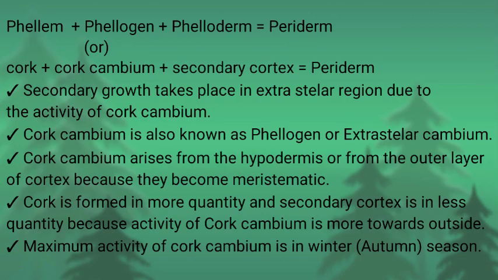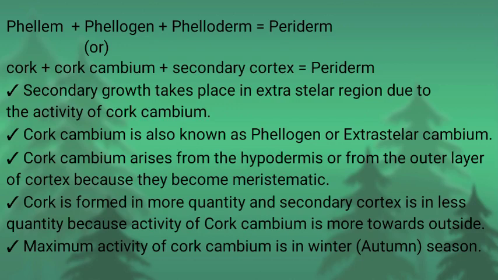Secondary growth takes place in the extrastellar region due to the activity of cork cambium. Cork cambium is also known as phellogen or extrastellar cambium. Cork cambium arises from the hypodermis or from the outer layer of cortex because they become meristematic.